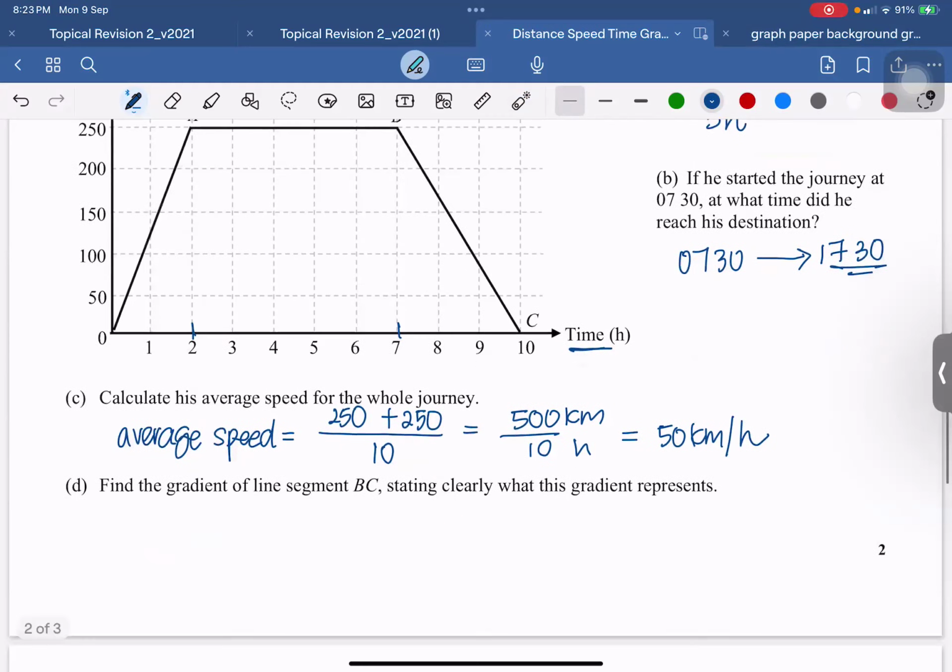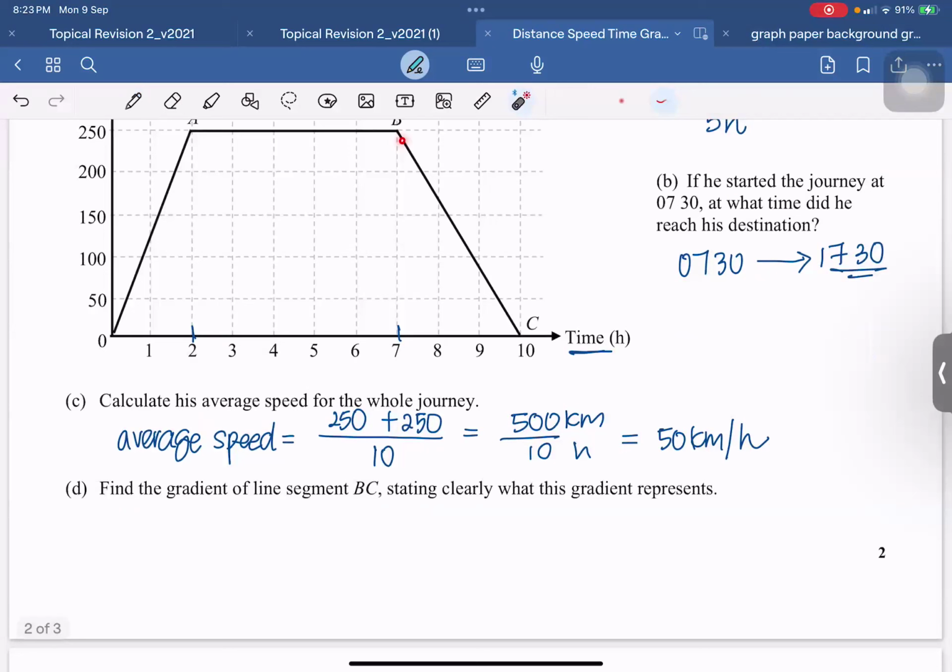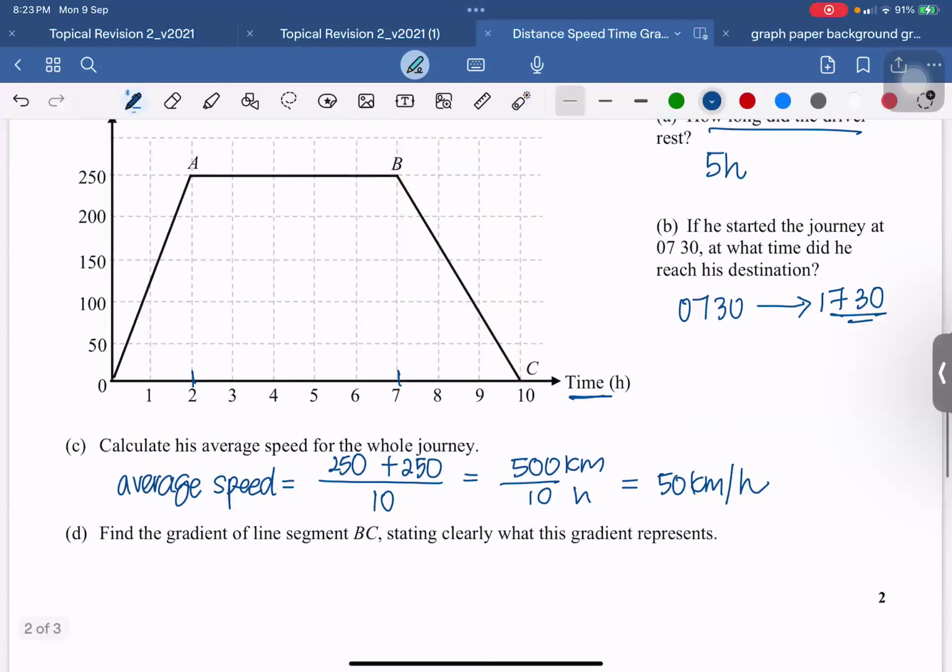Find the gradient of the line segment. In this case, the gradient is going downwards, right? So what's the gradient of the line segment? What is this number? 7 and 250. Then this one here? 10 and 0. Yes.